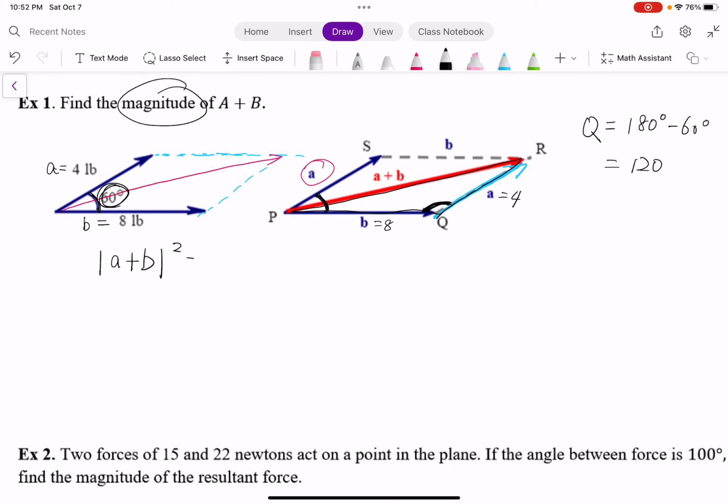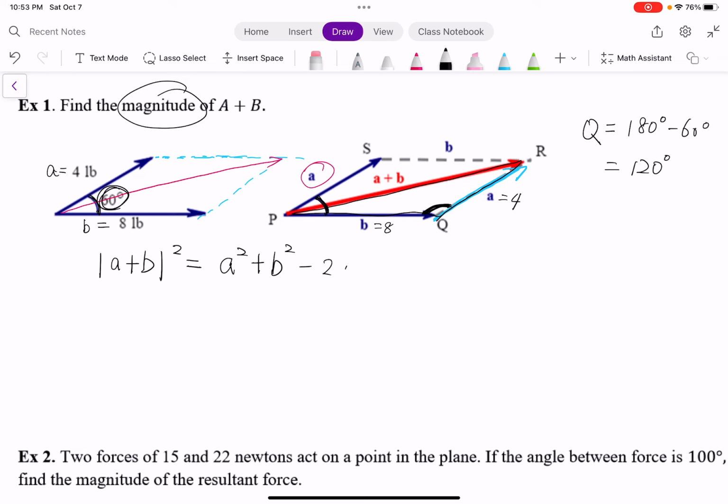This one is the longest side, and it's opposite of Q. That equals A squared plus B squared minus 2AB times cosine Q. Q is 120 degrees.